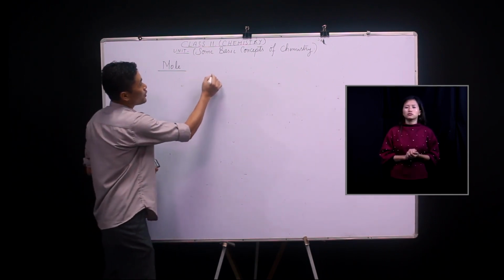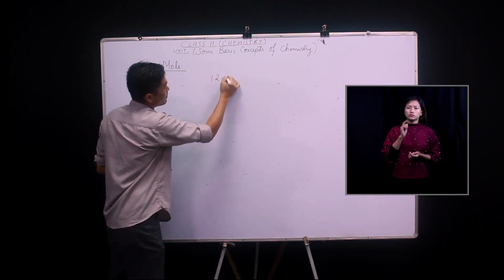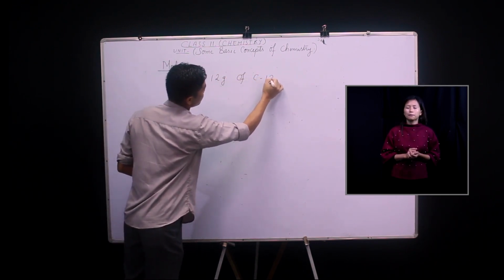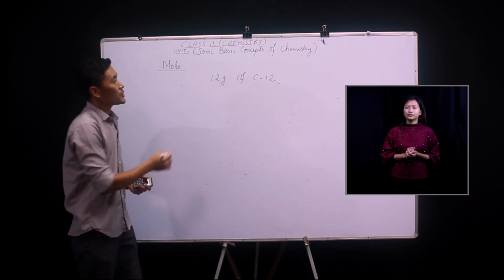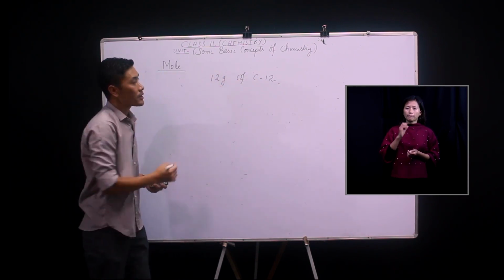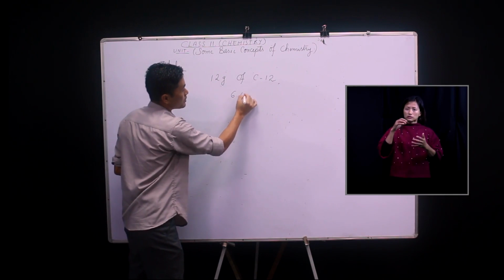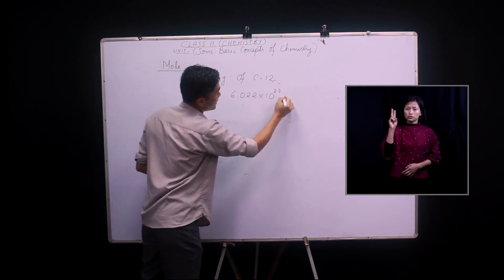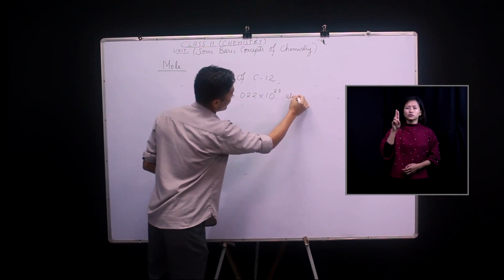Now, this 12 grams of carbon-12 contains 6.022 into 10 to the power 23 atoms of carbon-12.